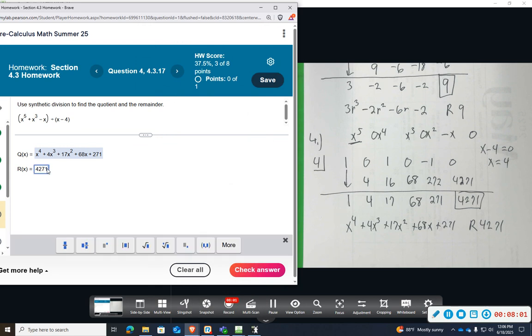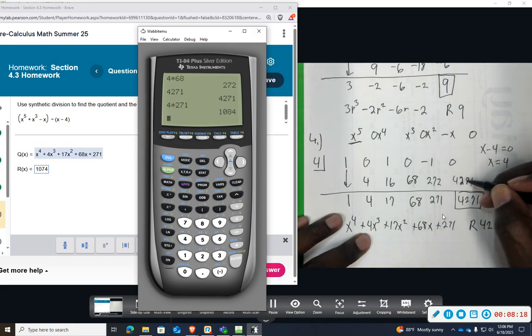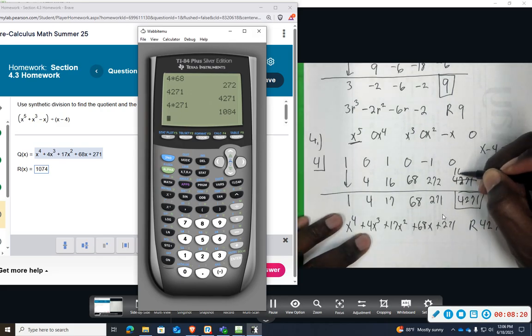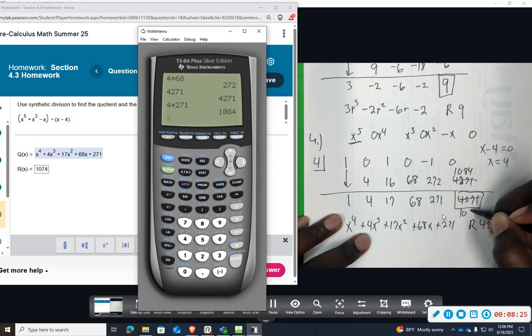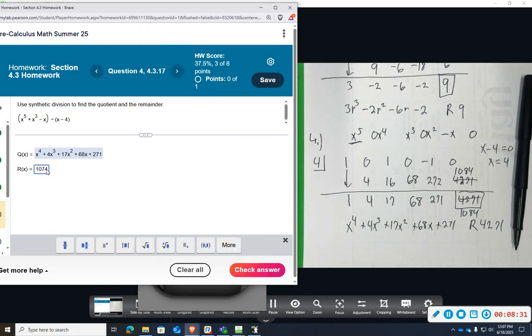That is my error, typo. Let me make sure. Yeah, I think I just typed in 4271, didn't type times. So this should be 1084. Okay, so just be careful. That's my biggest error, and I did it again. I typed a 7 instead of an 8.